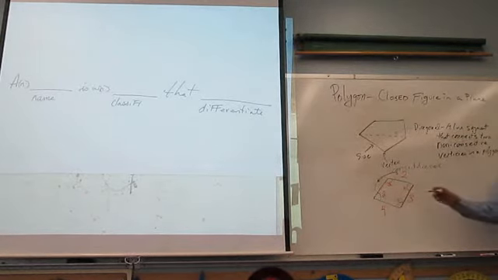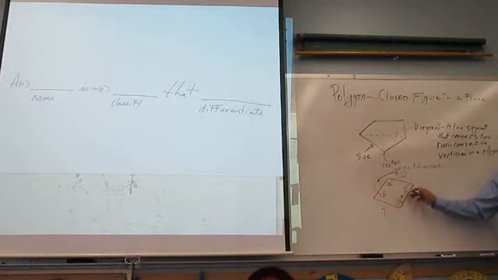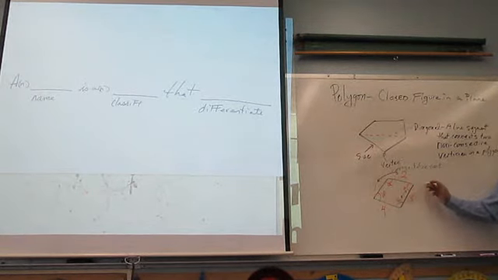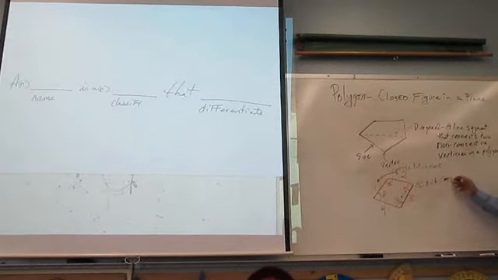Okay? Now consecutive angles are angles that are right next to each other too as you go around. So angle C and angle B are consecutive angles. Now, non-consecutive means that they're not connected.